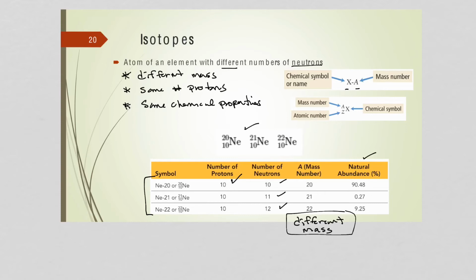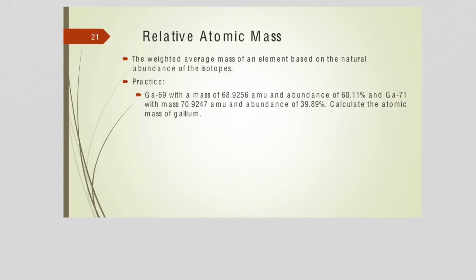So how do we put a mass on the periodic table, a single mass? Well, we do an average mass. And this brings us to what's called the relative atomic mass. These are the masses that we will find listed on the periodic table. The relative atomic mass is the weighted average mass of an element based on the natural abundance of the isotopes.